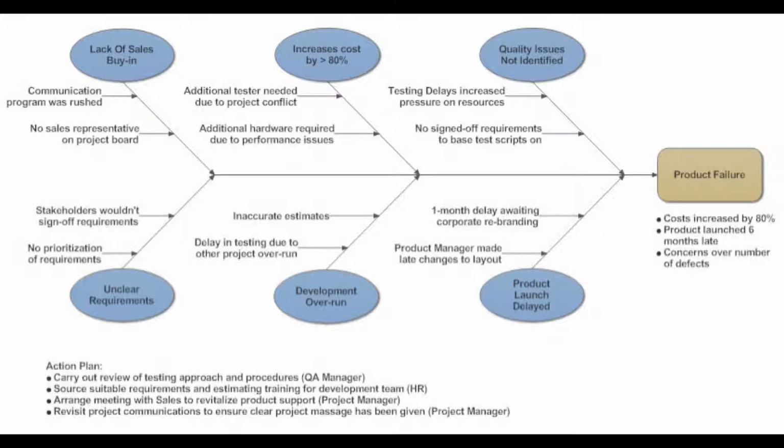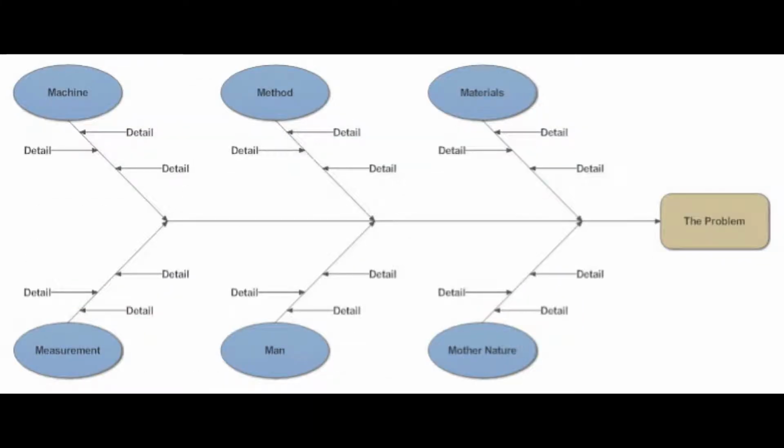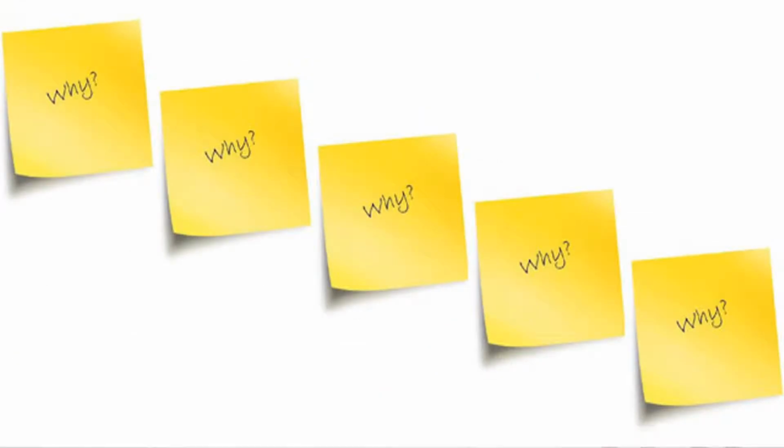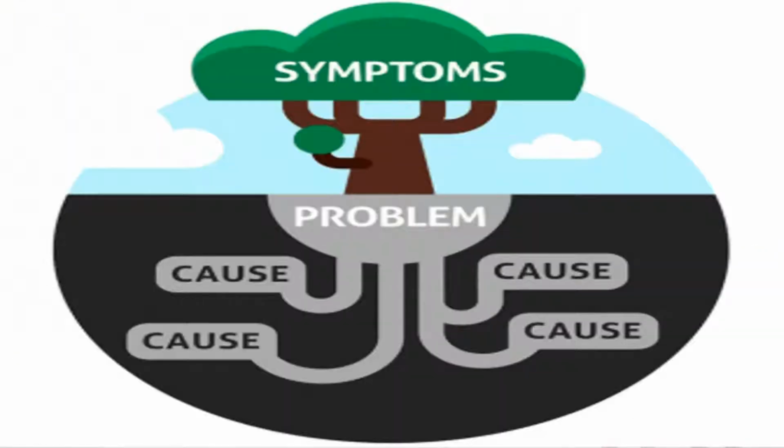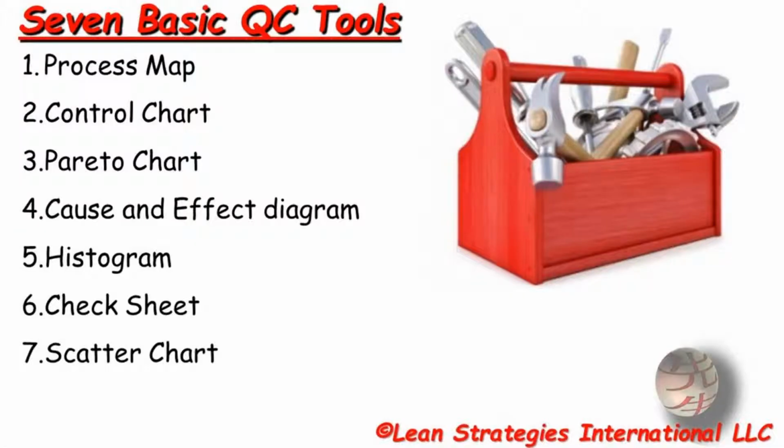The ultimate goal of the cause and effect diagram is to identify all of the possible causes of an effect and investigate further with the intention of discovering root causes. The cause and effect diagram is commonly paired with the 5 why analysis to discover root causes. The idea is that when a root cause is eliminated, you can prevent the issue from happening again and bring the process back into conformance.